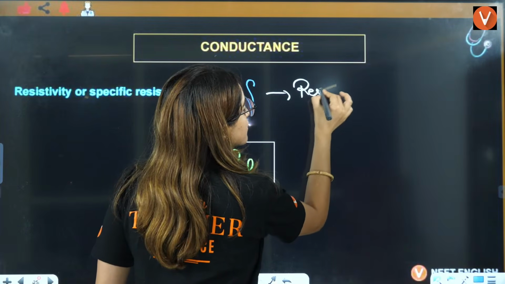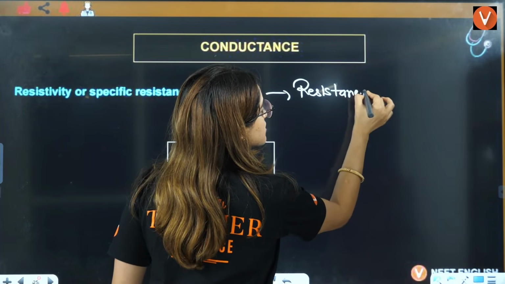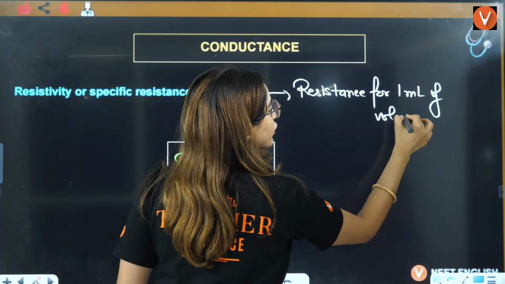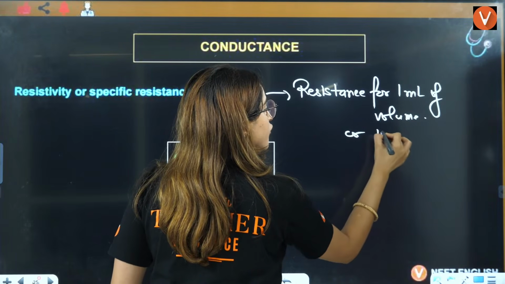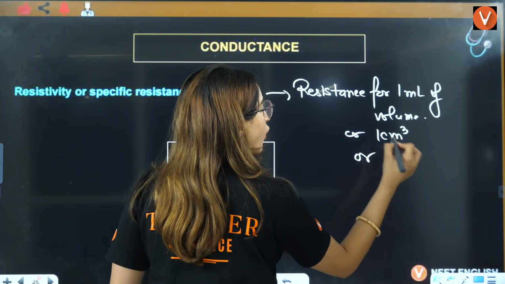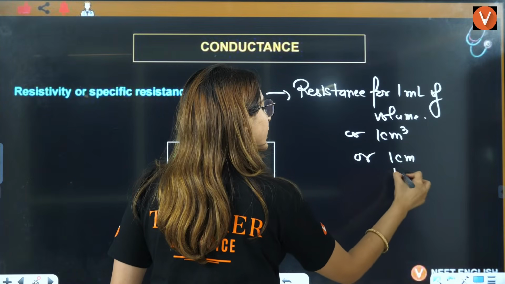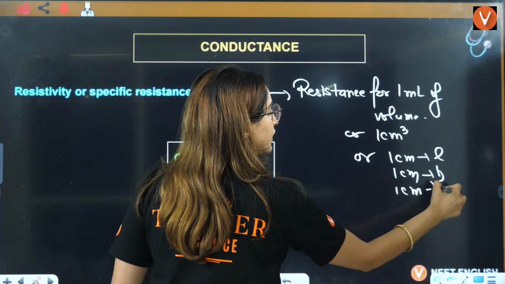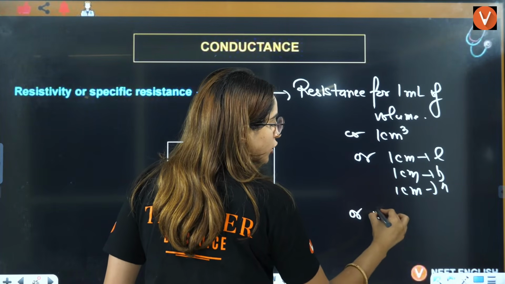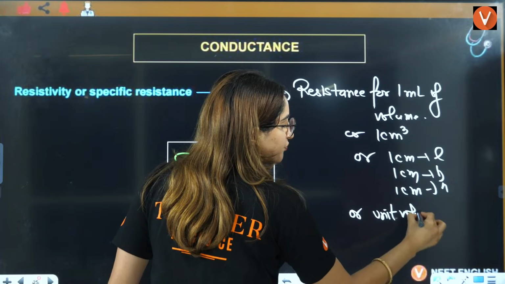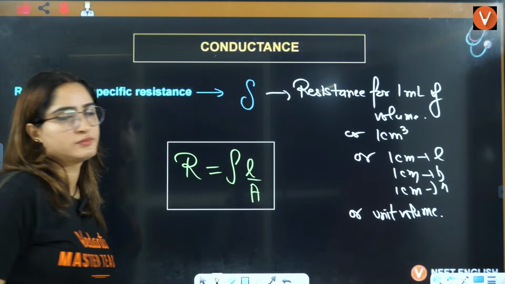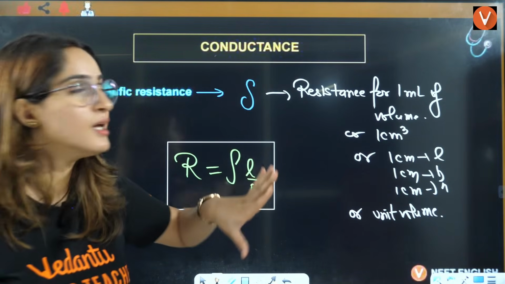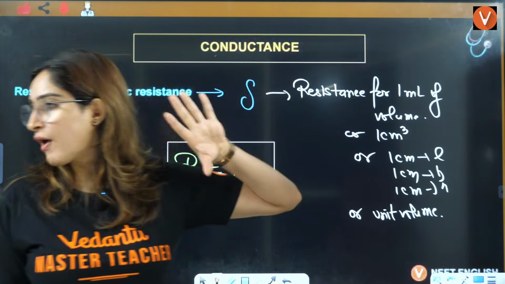Resistance for 1 milliliter of volume, or 1 centimeter cube, or 1 centimeter, 1 centimeter, 1 centimeter, that means length, breadth and height, or you can say unit volume. All of these mean the same thing, that defines the resistance for 1 milliliter.